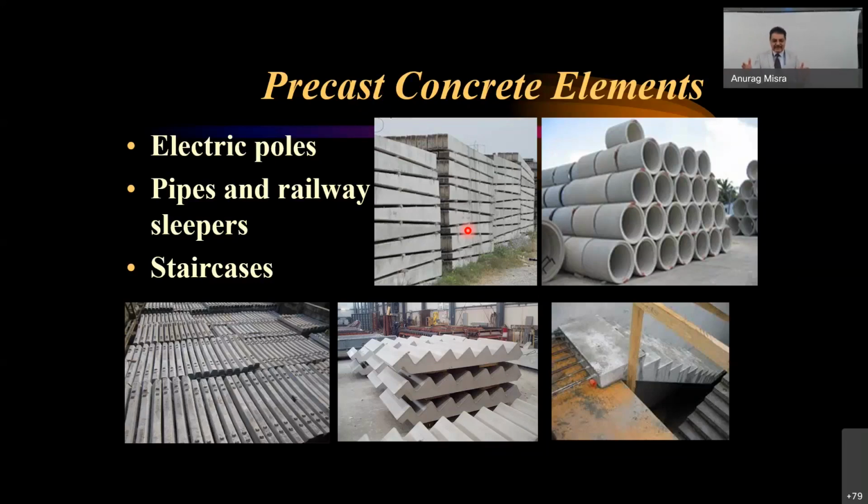The molds are magnetic; they are placed in no time. The mold is fixed. Reinforcing cages are usually prepared separately, the whole cage is prepared, and they are usually welded meshes. Just keep it, do the concreting. So one panel is ready.